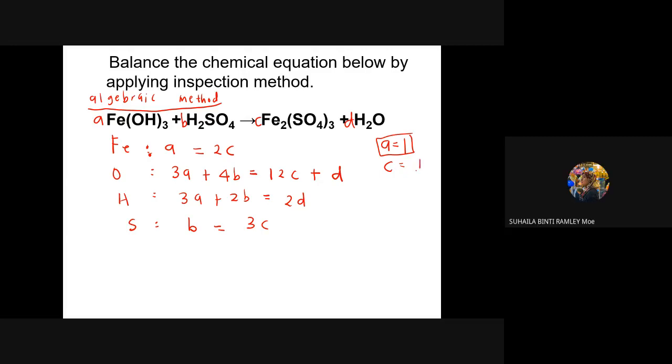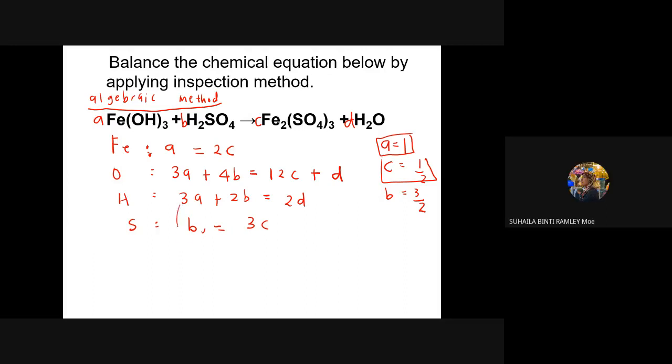Okay, then boleh calculate for B. C is 1/2, jadi B is 3/2. So calculate for D.